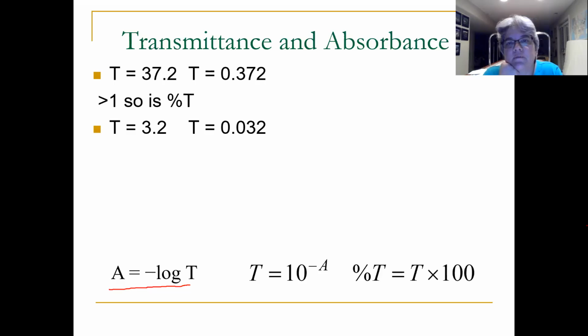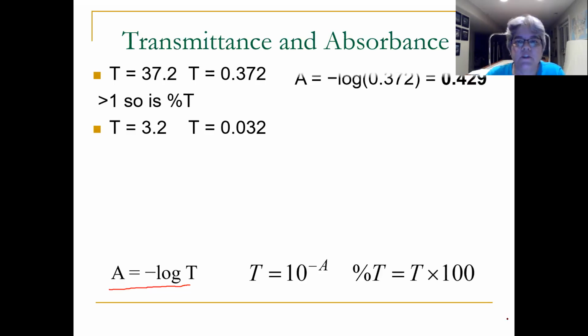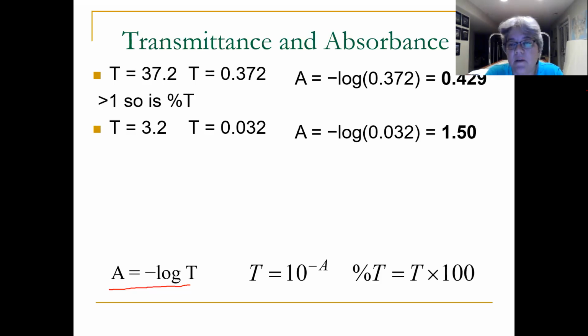That first one, you should have 0.429. And the second one, you should have 1.50.